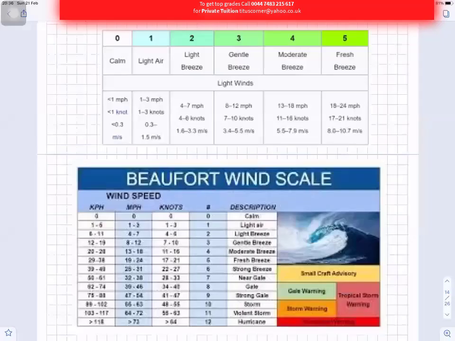This is just to help you. If you look at the Beaufort wind scale, it gives things like calm, light air, light breeze, gentle. So these are qualitative or categorical data. That is why it wouldn't be represented by a normal distribution.